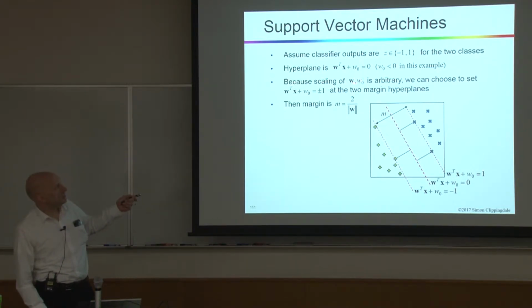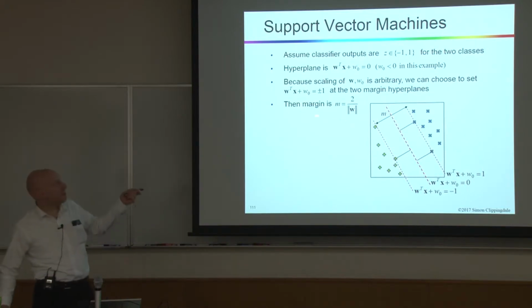Because you can arbitrarily scale the weight vector W and the bias constant W0 here, you can choose to set this product to 1 at this margin hyperplane and -1 at the other margin hyperplane.